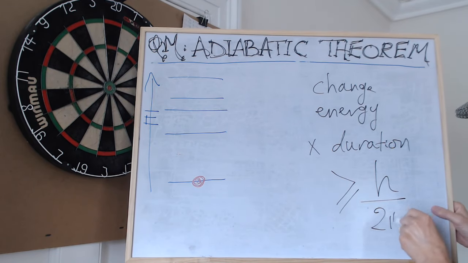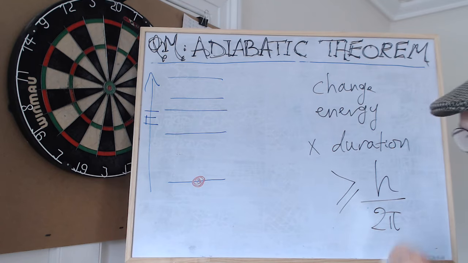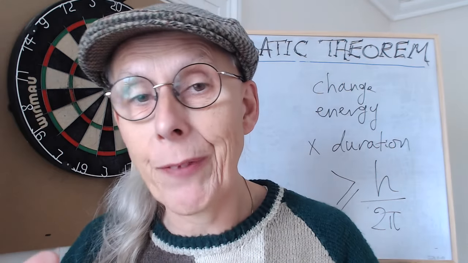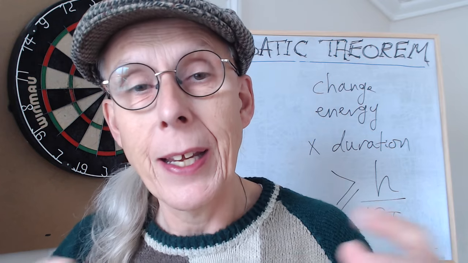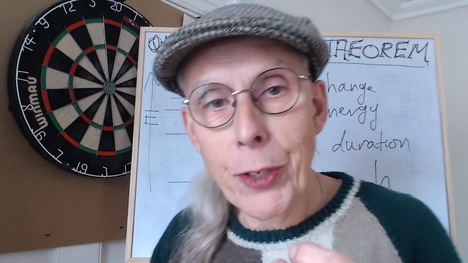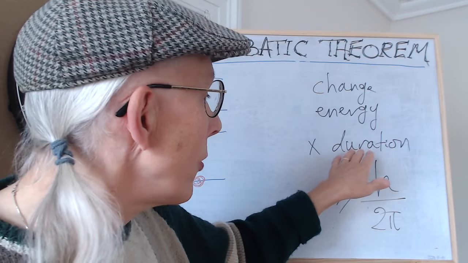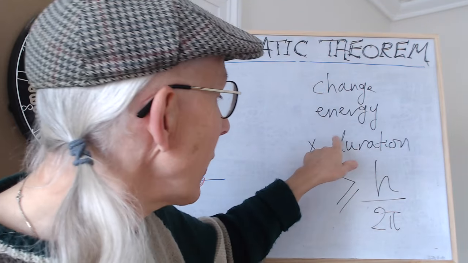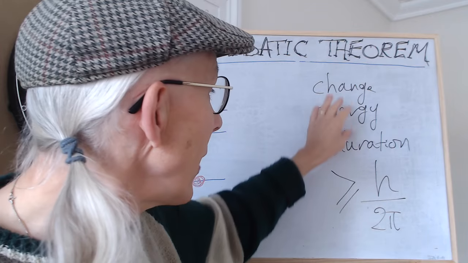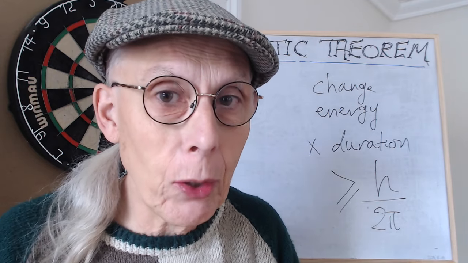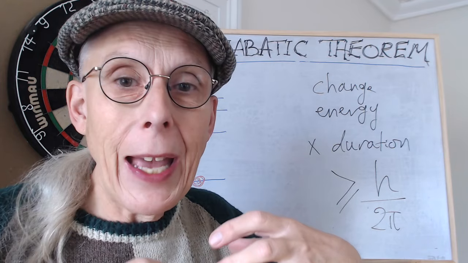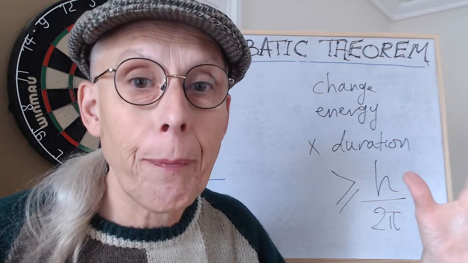I'm just going to be fancy there and put in the constants there. But H is Planck's constant. Planck was a very famous German quantum physicist. But what does this really mean? It means that if you make a change very quickly, if the duration is really, really tiny, the change in the energy cannot be tiny also. If you make a change very quickly, the energy will change by a lot.